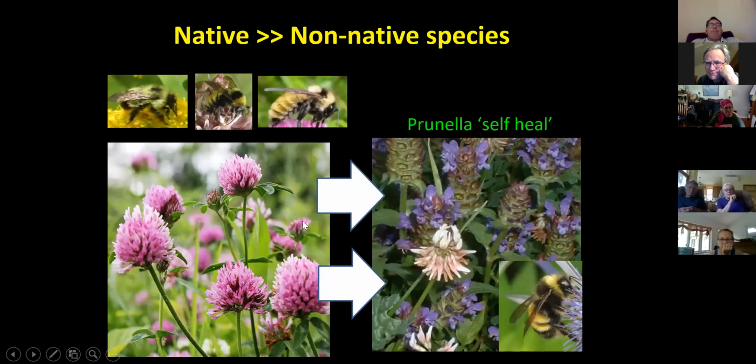And the other thing is, a lot of lists have non-native species. This past year, I asked people to stop mowing certain areas. In one area, there was a lot of red clover, and we saw Fervidus and even vagans and even some Terricola all over it. They stopped mowing, the prunella came in. As soon as that prunella came into bloom, all of these bees, including Terricola, shifted over to prunella.